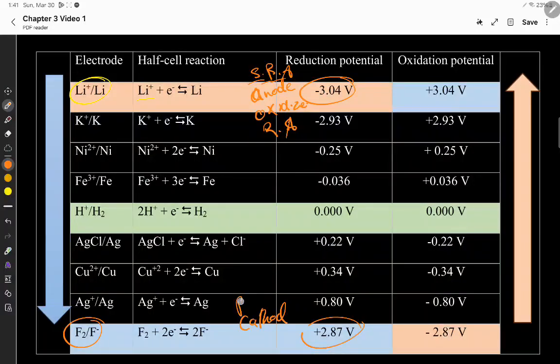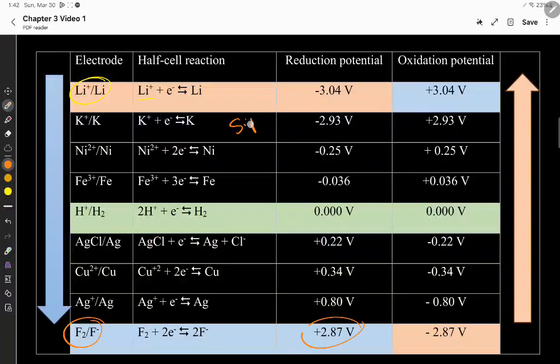It will be reduced. It will be oxidizing agent. So the more the value of the reduction potential, the more the strength of oxidizing agent. Now, if we speak about oxidizing and reducing agent, what is the strongest reducing agent?